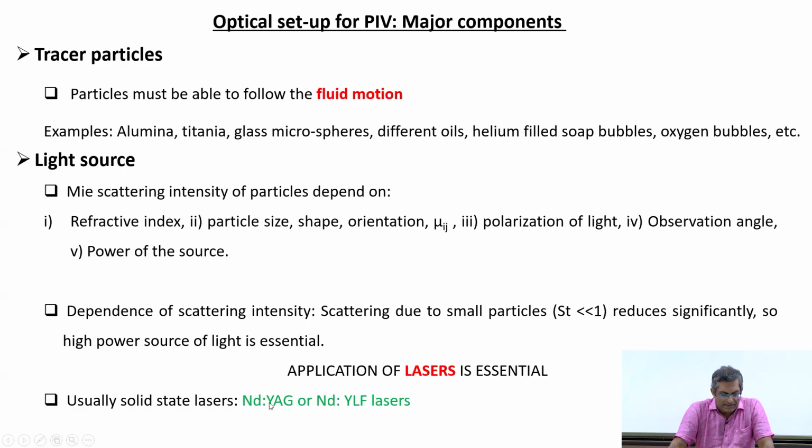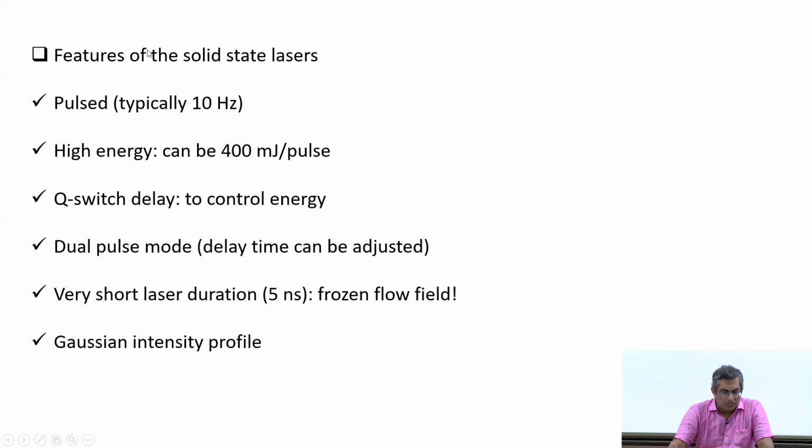Usually solid state pulsed lasers are used, for example, Nd:YAG or Nd:YLF lasers. So, what are the features of the lasers? First thing is, it is not a stringent requirement, but in a typical PIV setup we use pulsed lasers.